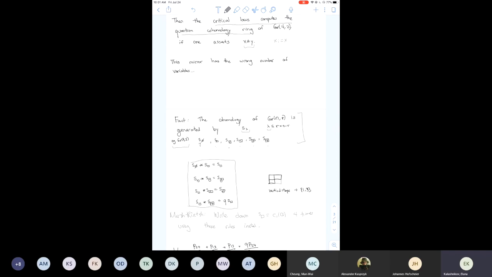So that would be S box over S empty set plus S21 plus this one plus q S box like this here.